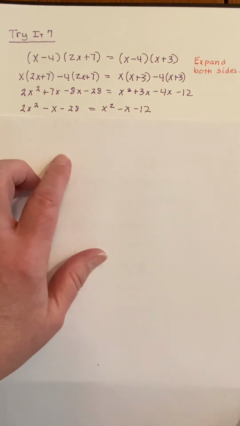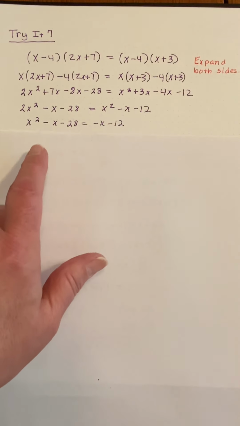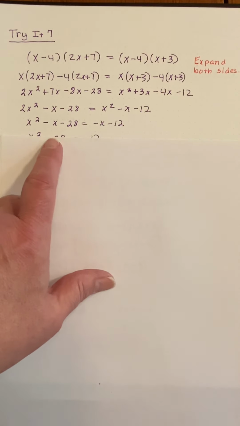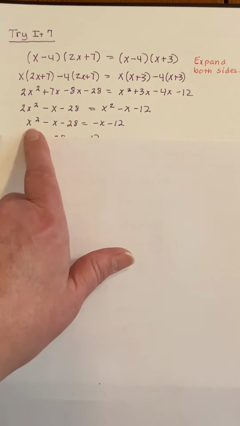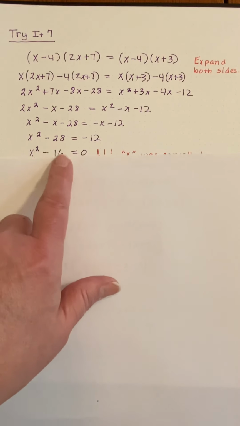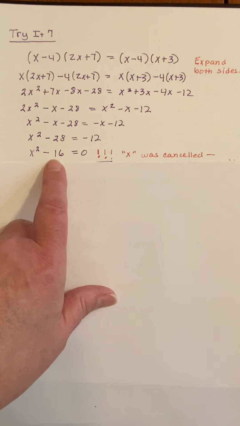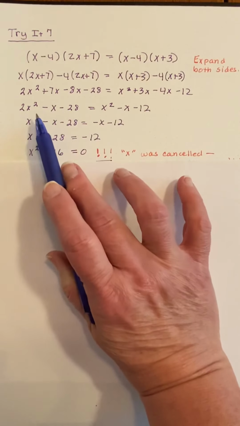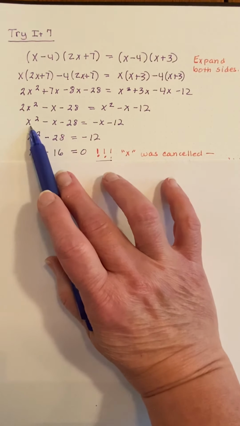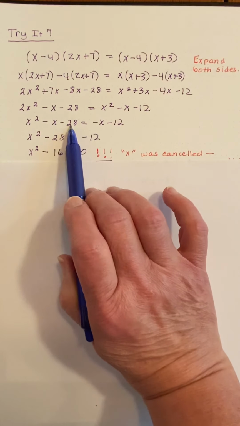This is going to leave me in a predicament because when I bring it all over, so I take my x squared, okay, I end up with no x's. See what happened here? So I take my x squared over by subtracting, leaves me with x squared. That's x squared minus x is minus 28.